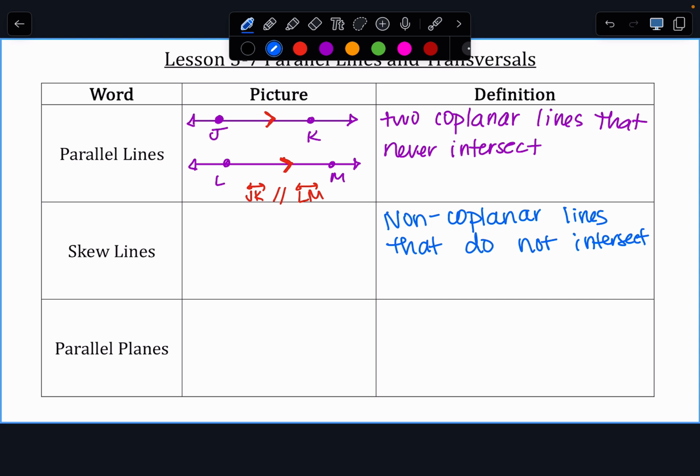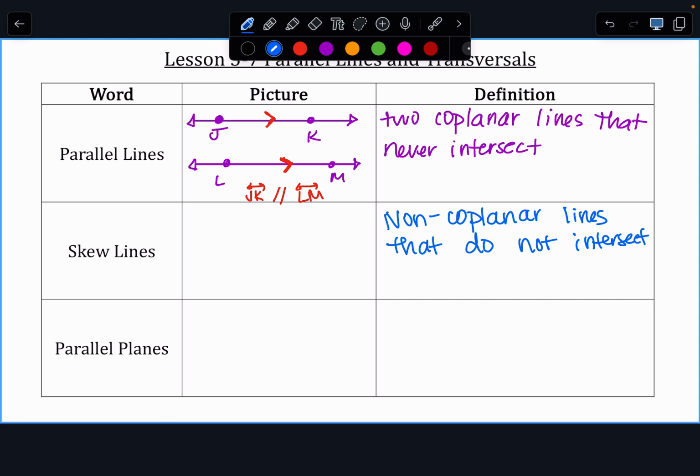But if we talk about skew lines, I can talk about the edge right here and along that wall, the edge on the ceiling. Do you see how they are not on the same plane, because they're two different walls being the planes, but they're also not going to intersect?